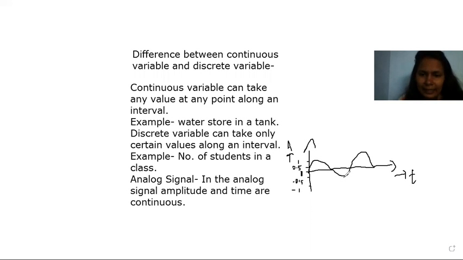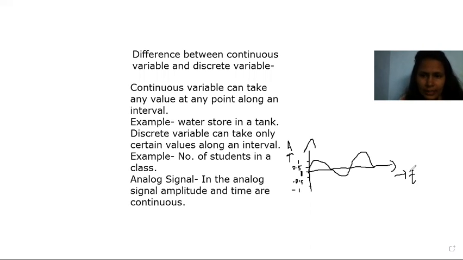You can see that on the y-axis, we are taking amplitude, and amplitude is in the form of continuous. And on the x-axis, we are taking time, and in the analog signal, time is also continuous.